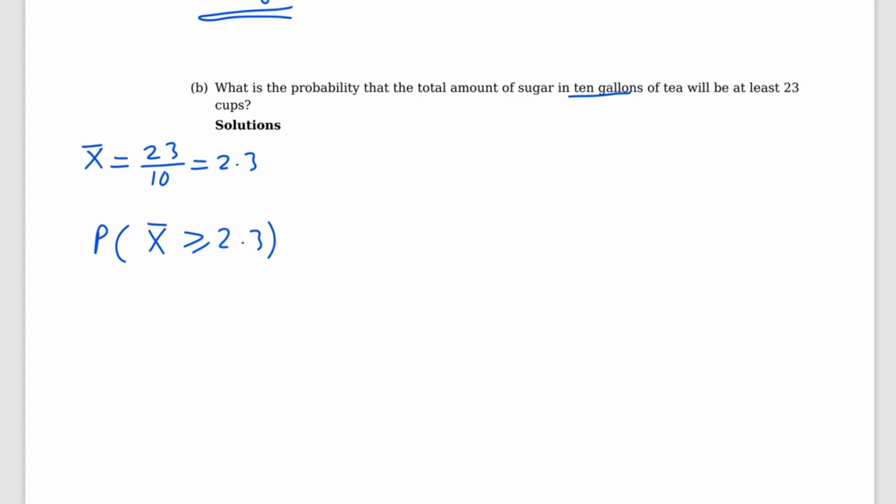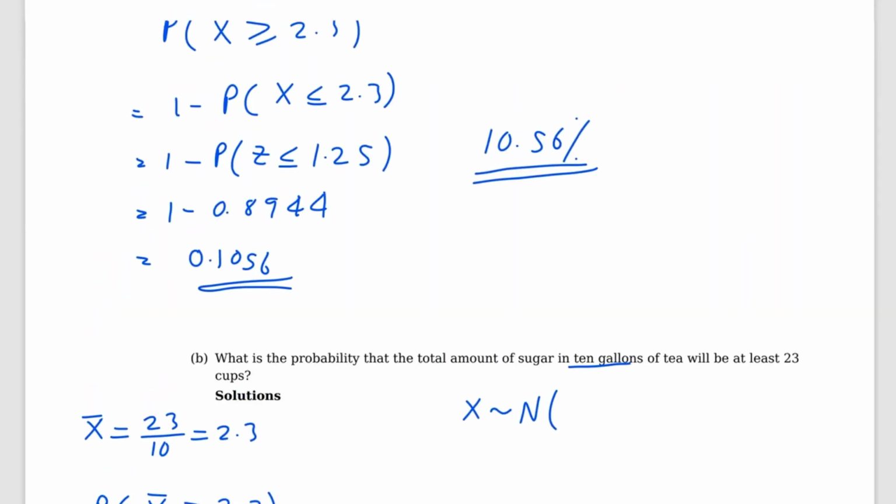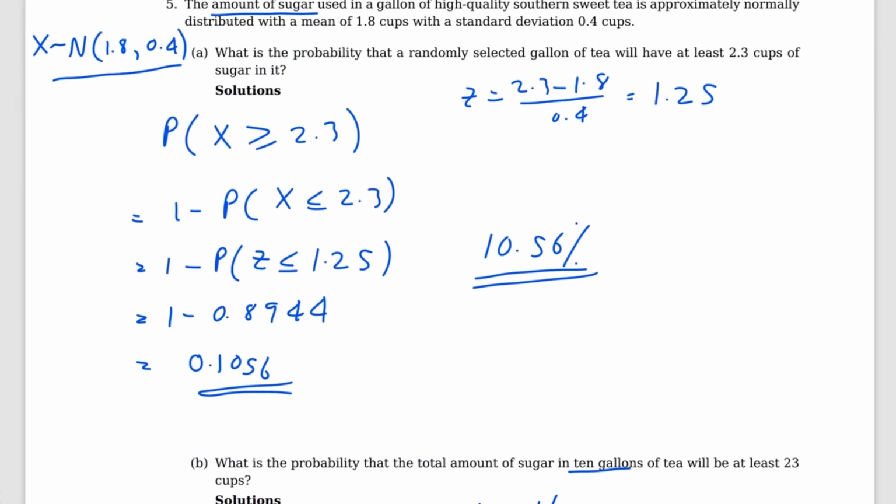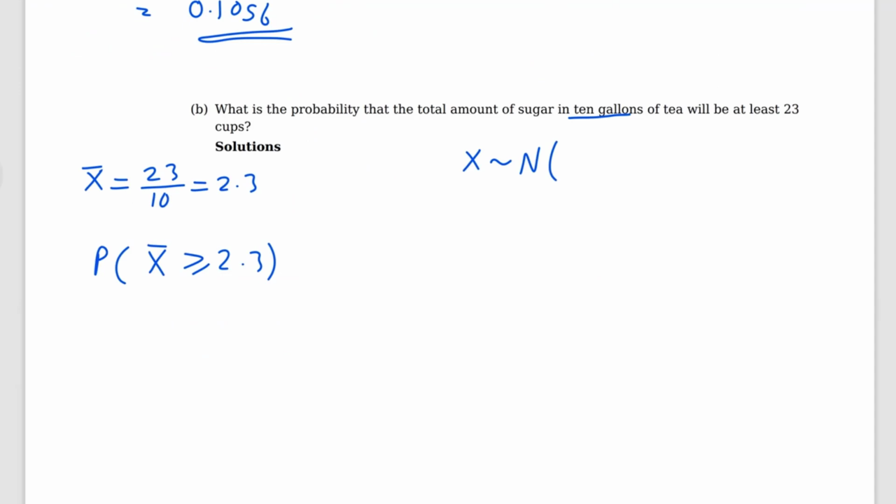You understood that? Very good. Right. Now we need the distribution for the x bar. We know x was a normal distribution. If you go back, it is a normal distribution, here 1.8 and 0.4. So 1.8 comma 0.4.